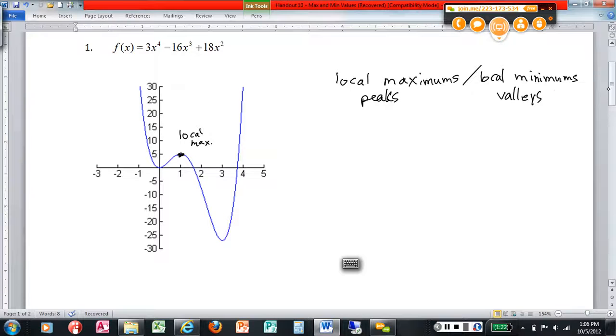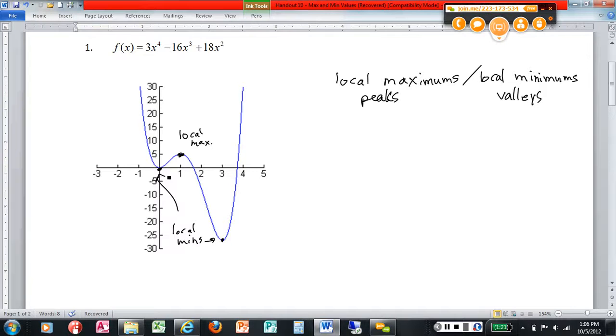But for the most part, it's a good way to think of it. But what do you see? Local maximum right here. Local minimum at 0 and a local minimum there at x equals 3. And so those are the local mins for this particular function. So that's what they are for a basic standard function, and there are some other issues that we'll talk about in just a second, but that's a nice intro into it anyway.